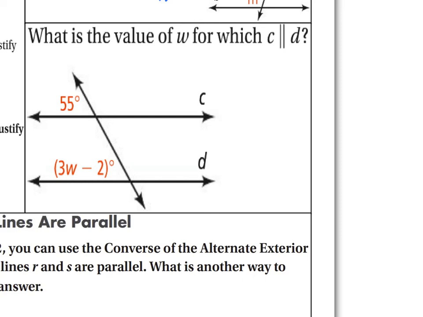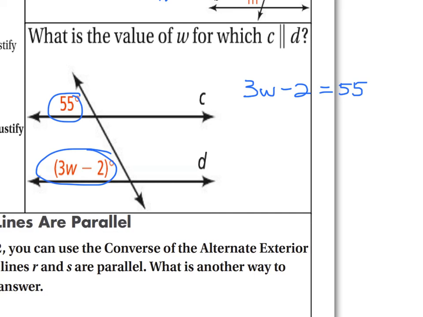Okay, now that you've paused the video and completed your answer, let's take a look at this. Now, these two angles right here, first of all, you've got to figure out what type of angles they are. Well, they're corresponding, so they're in the same position. If they're corresponding, they're going to have to be equal to each other in order for C and D to be parallel.